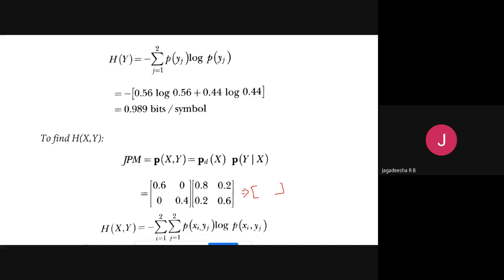Because next we want to find out the joint entropy between x and y. So how to find that? That is nothing but probability times log of probability. The probability here is the joint probability, right, between x and y. So we are computing this for every input symbol as well as every output symbol.